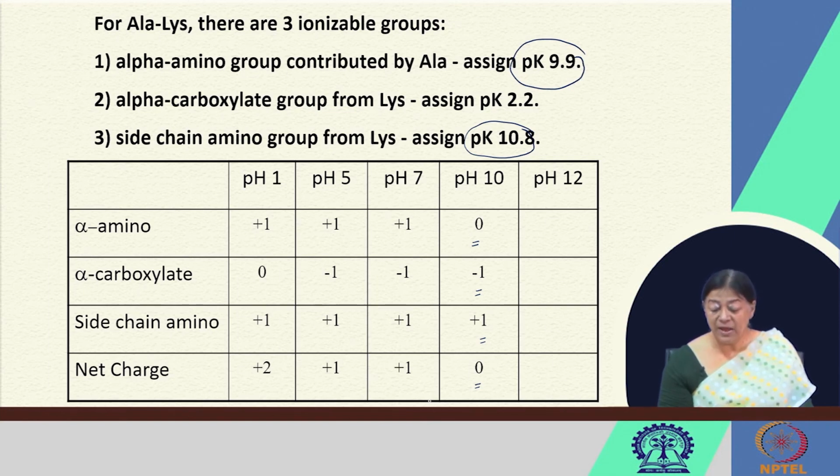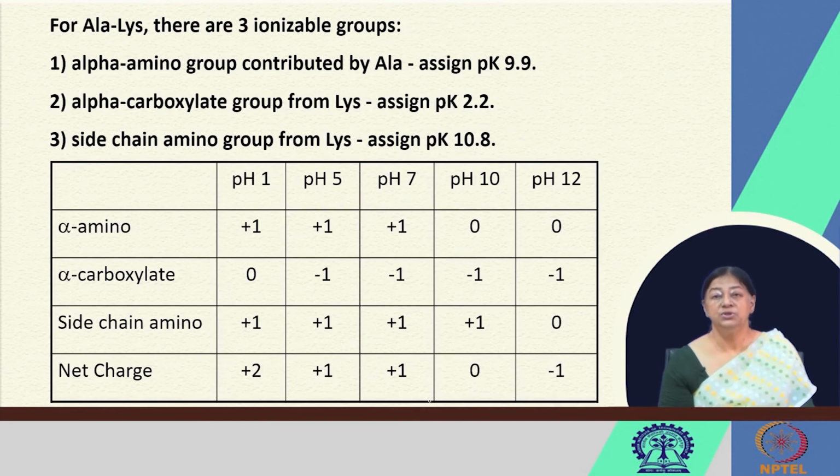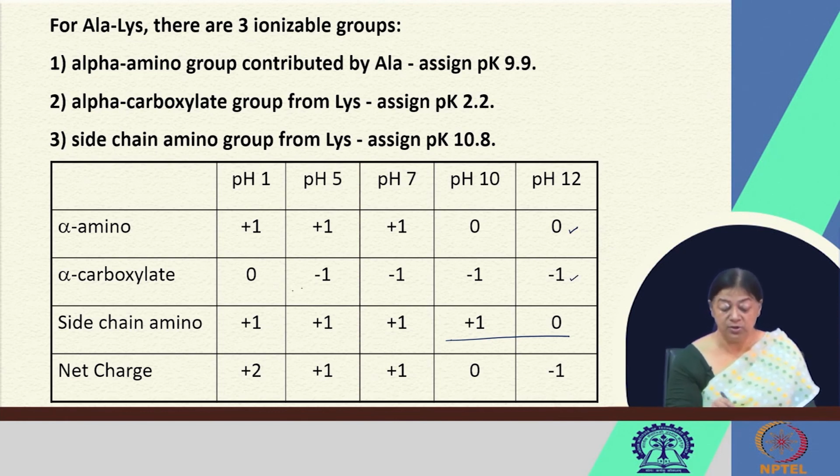At pH 12 now, we are going to lose the charge on the side chain amino group. So, the alpha amino has already lost its proton. The alpha carboxylate lost its proton a long time ago because it is the carboxylate group. Then we have the side chain amino group that has now lost its proton.